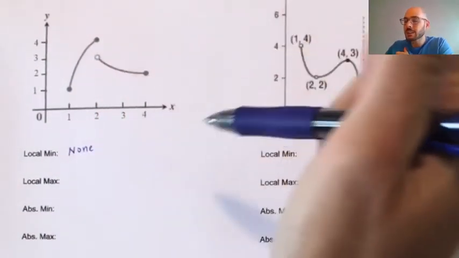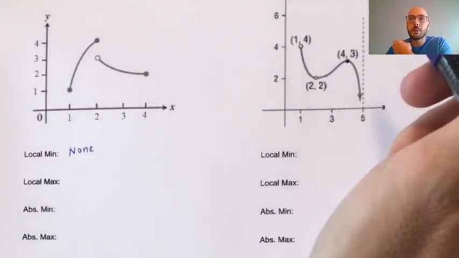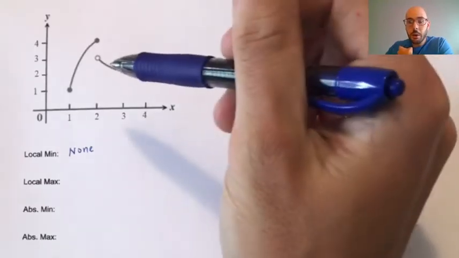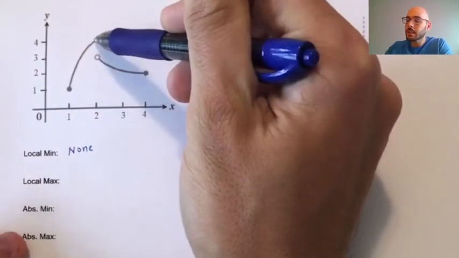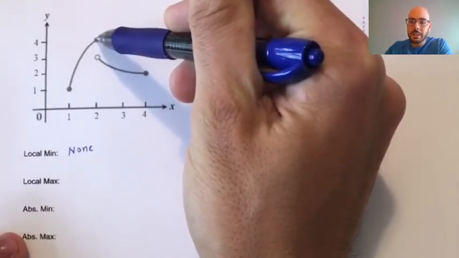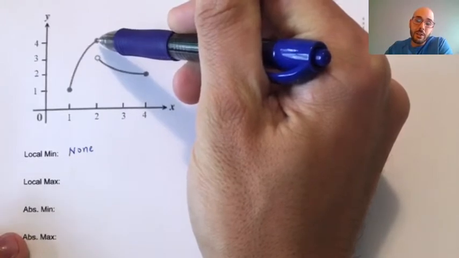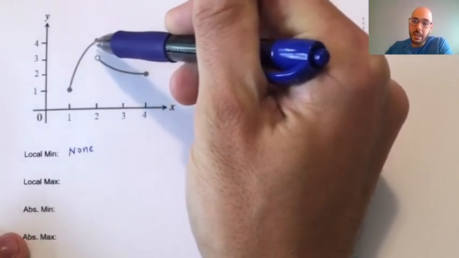Next up, local max. So local max is a local high point on the graph. It's typically like a mountain peak. Here, however, it doesn't necessarily look like that, but we do have a local max here. It's going to be at this point, the point (2, 4). The reason for that is because technically it is higher than everything else that's around it. If I look on the left, yes, it's the highest point.